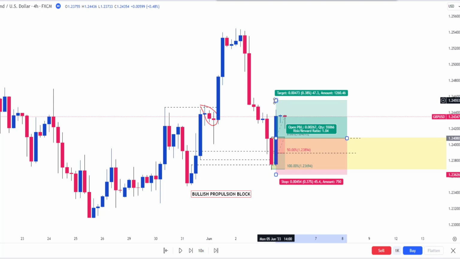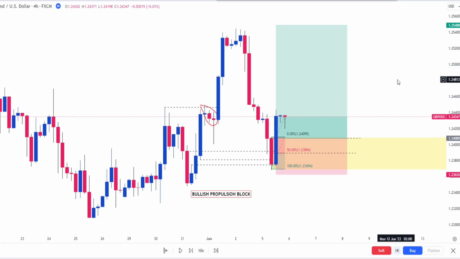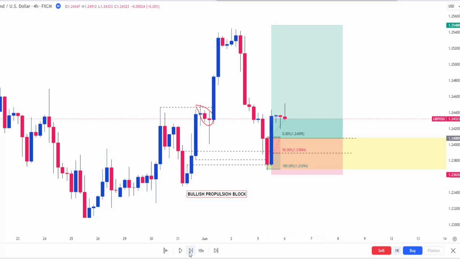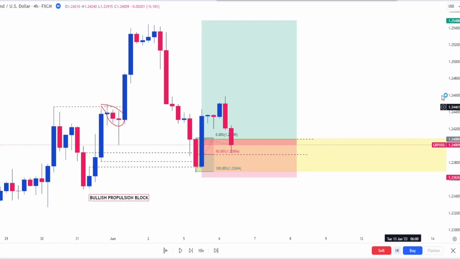So I can take a trade from the tip. Ideally, if I were the one taking the trade, I would want to just take the trade here, since I'm not watching what is happening in the future. So look at this. As price is coming, this is now your propulsion block. You can actually see that price turned back and retested this particular red candle that traded into this bullish order block.